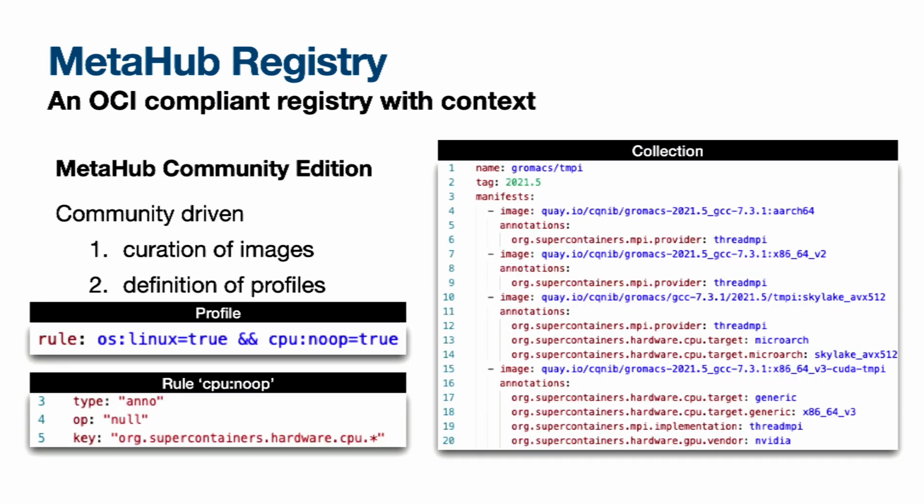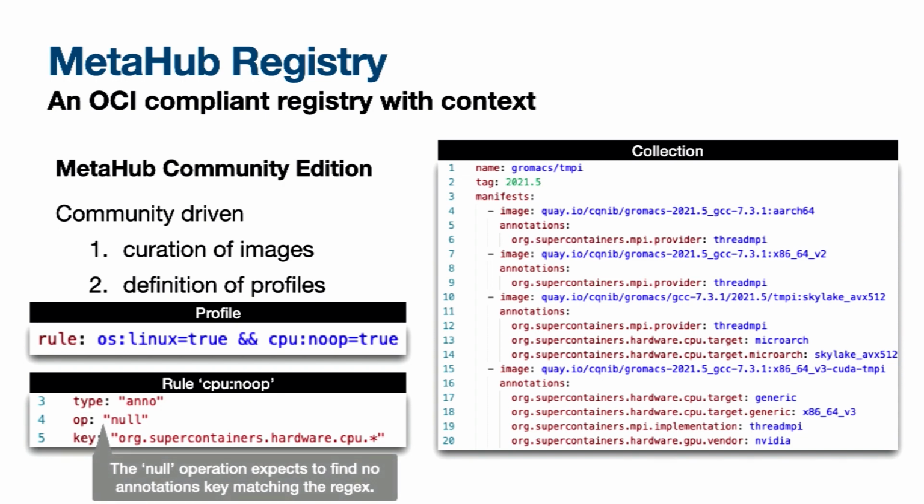So we see the collection on the right-hand side, and with the profiles, you define some rules. So in this case, the first rule is I want Linux. Okay, that's of course something that everyone wants, most containers are Linux anyway.